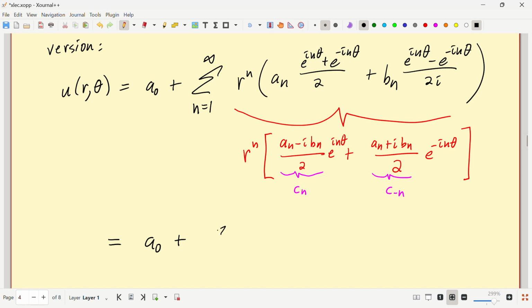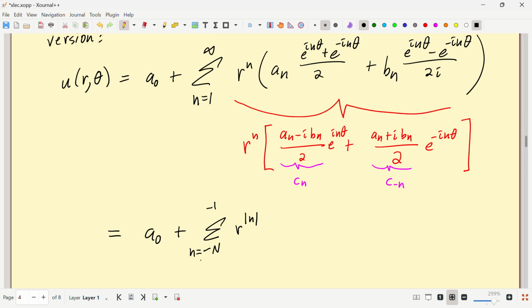plus a sum as n goes from minus n to minus 1. That would be r to the absolute value of n when you've got negative numbers there. Cn e to the minus i n theta, those are the negative ones.